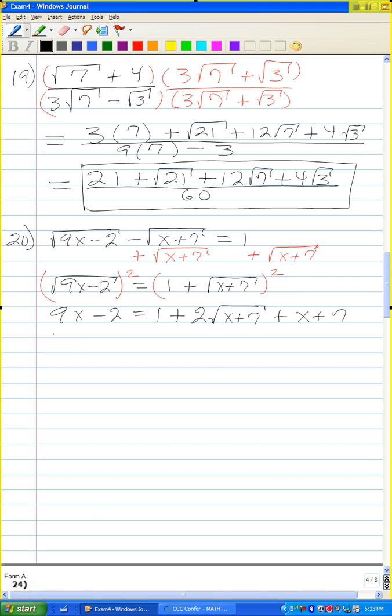Combining like terms, I get x plus 7 plus 1 is x plus 8, plus your remaining terms.